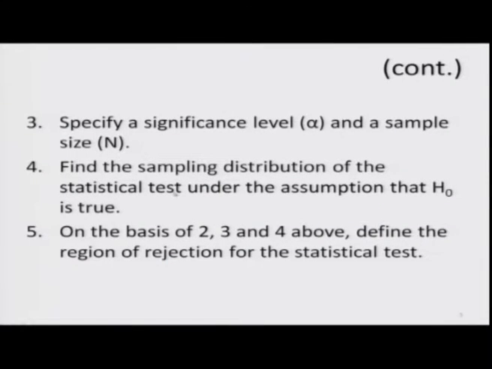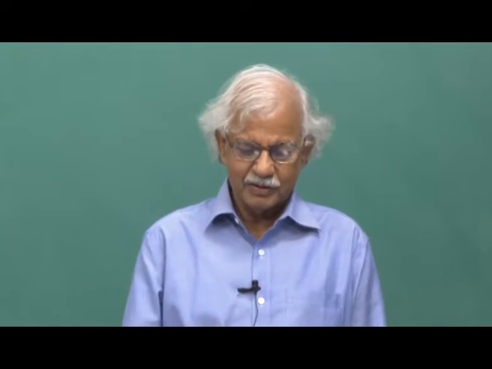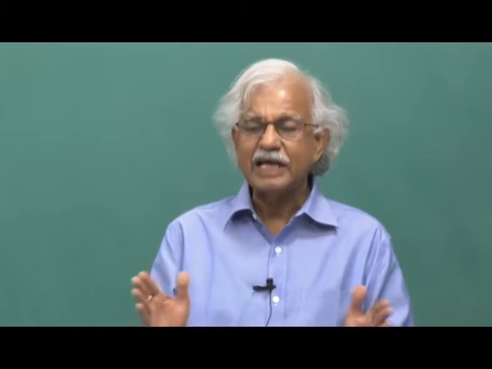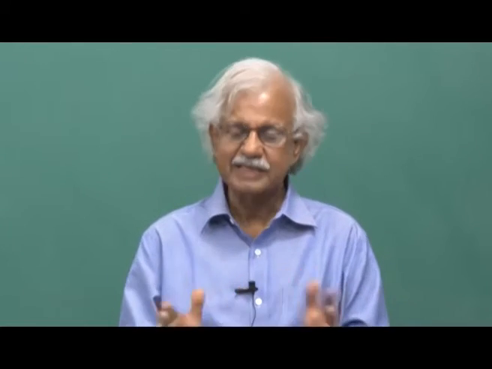On the basis of 2, 3 and 4 above, define the region of rejection for the statistical test, that is, if the value of the test, which is a function of parameters which you want to test on the basis of sample data, for what values of those tests you are going to reject the null hypothesis.